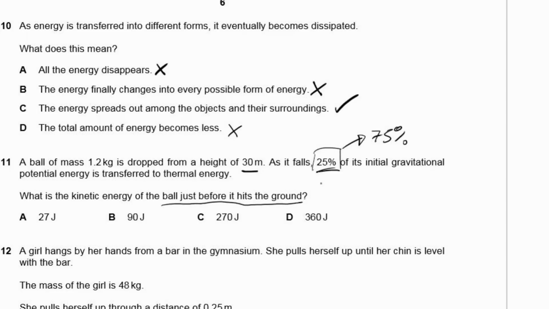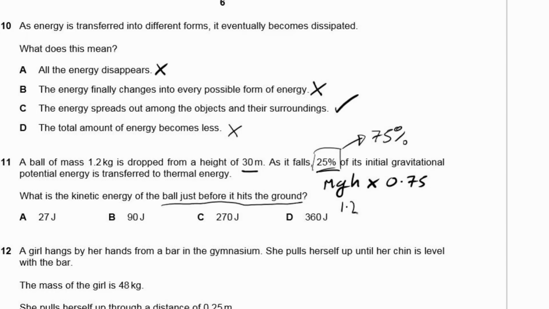So, what do we have? We want to know about potential energy being converted to kinetic energy, 75% of it. That's going to be mgh, which is where the kinetic energy will come from. It will come from that gravitational potential energy. So, mass times gravity times height multiplied by 0.75.